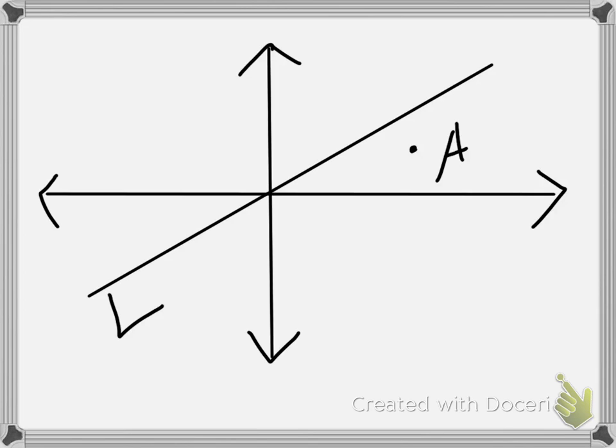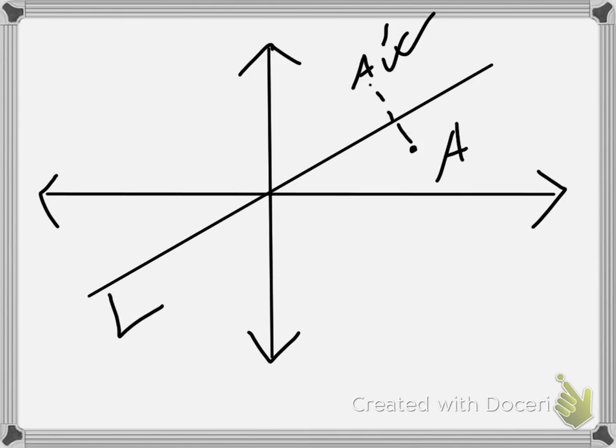What you can do is hold this entire piece of paper by this line L, and if you do this folding, you will get a mirror image of this point A somewhere here.